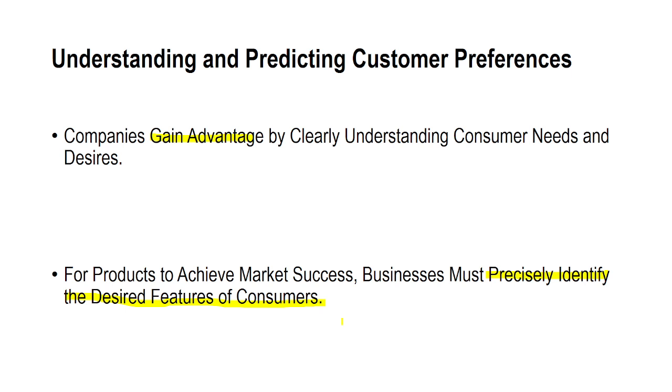So you need to consider two times in analyzing what customers want: precisely identify the desired features of the customers for the present time and also for the future time. You need to have two horizons, present and future, in your business operation.